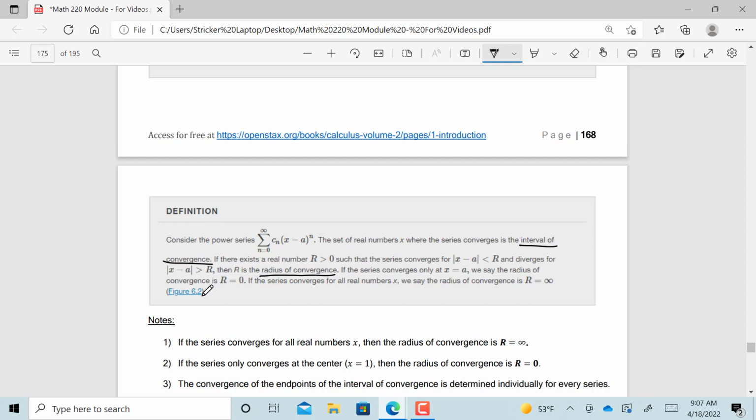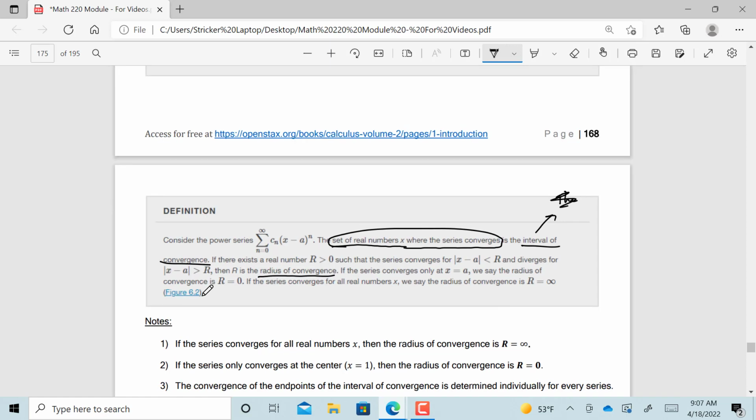The interval of convergence is just the values of x. It says it's the set of all real numbers x, that's the values of x where the series converges. So it could be that the series only converges for one value of x, but it could be that it converges for a whole range of values.